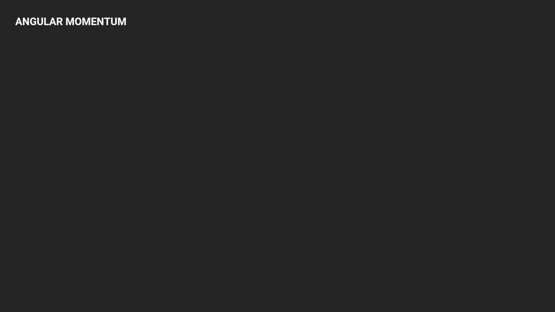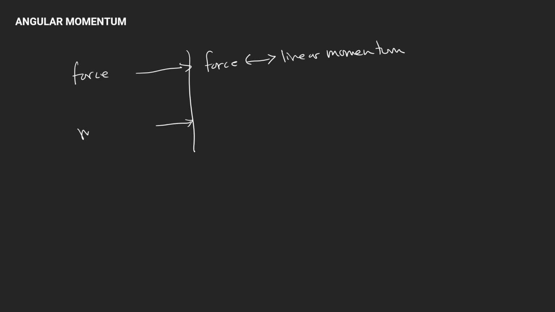Last week we introduced a relationship between force and linear momentum. And this relationship or equation allowed us to relate force and motion to ultimately generate the equations of motion for our system.